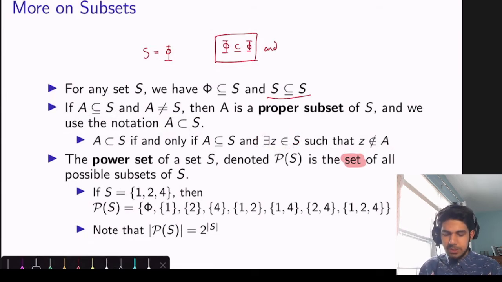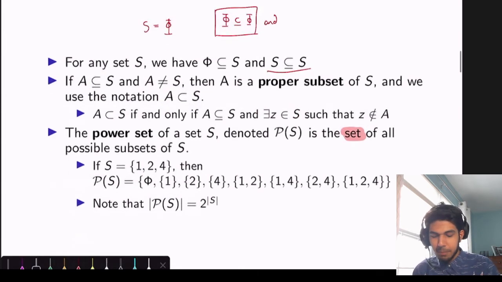Okay, so next we have the power set. The power set of a set S is denoted as P of S, and this is the set of all possible subsets of S. It's kind of confusing, a lot of sets here, and it takes a moment to think about it. But the key thing to notice is that the power set is a set.